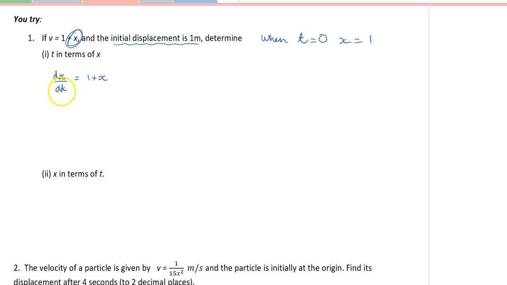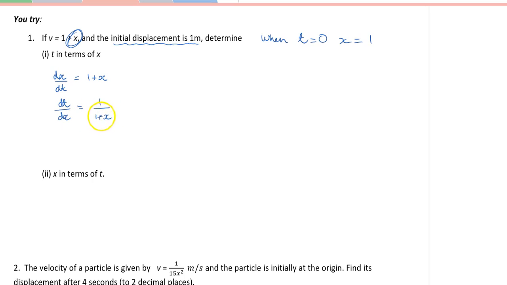It doesn't make sense to say something was differentiated with respect to t and we've got x's in it. So this process that we do here is we take the reciprocal of both sides, turn them upside down. So now we're saying an expression about t, which had x's in it, ended up being 1 over 1 plus x.